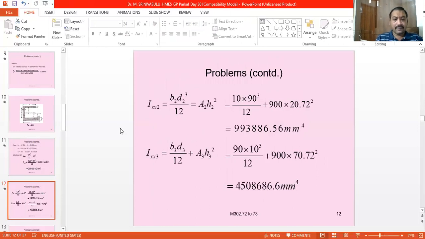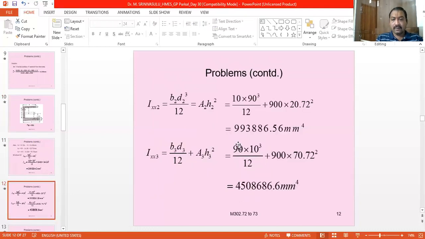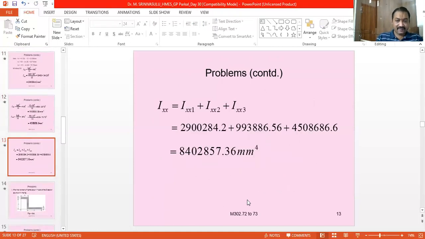And for Ixx3, for the third rectangle, b is equal to 90 and d is equal to 10, so 90 into 10 cube by 12 plus a3 hy3 whole square, so it is coming to be 4508686.6 mm4. Now we have to add all these together.